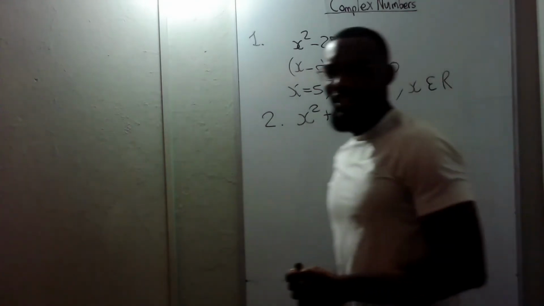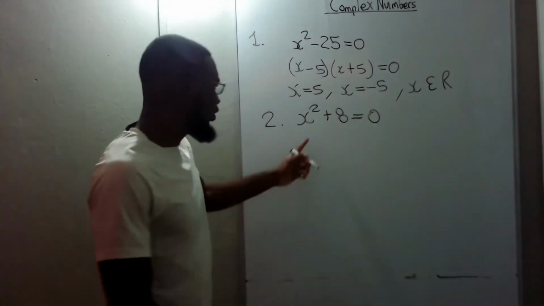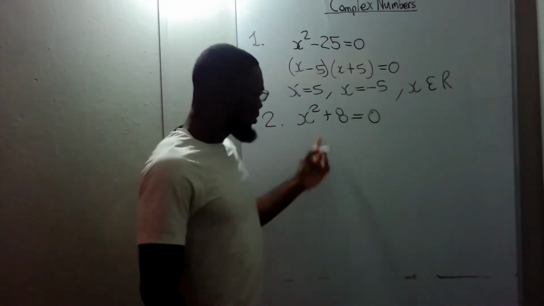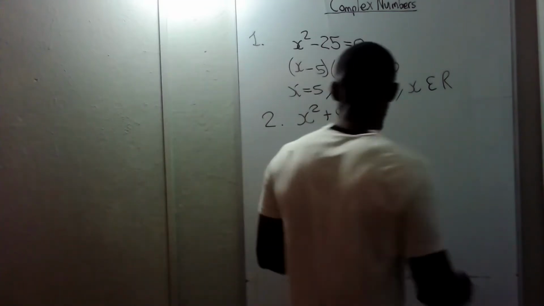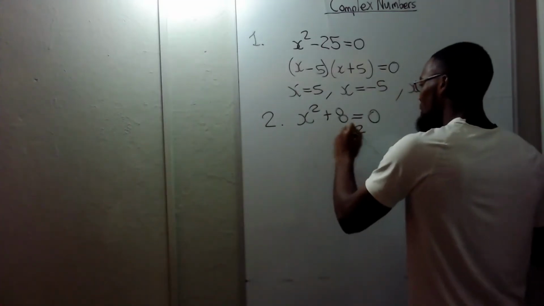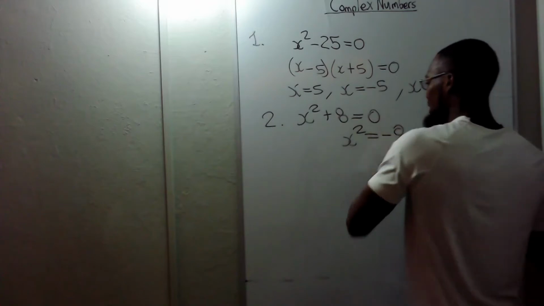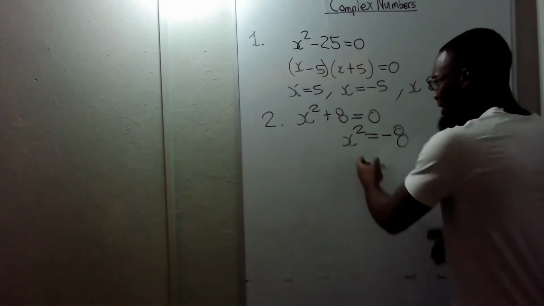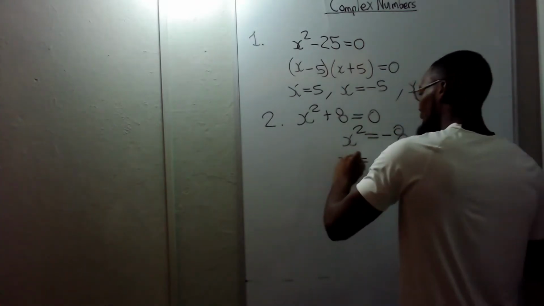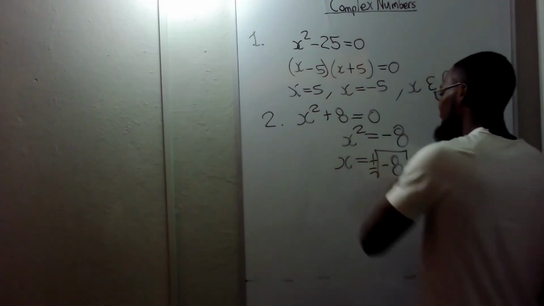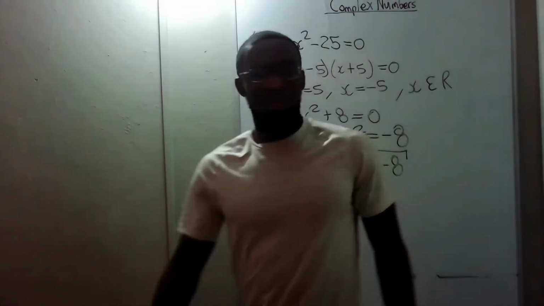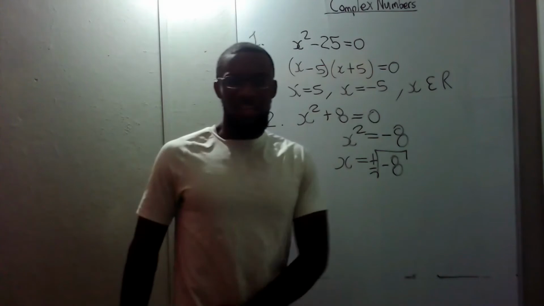If x squared plus 8 equals 0, and you bring it over, you get x squared is equal to negative 8. And so this will tell us that x is equal to plus or minus the square root of negative 8. Now, my question is, what's the square root of negative 8?